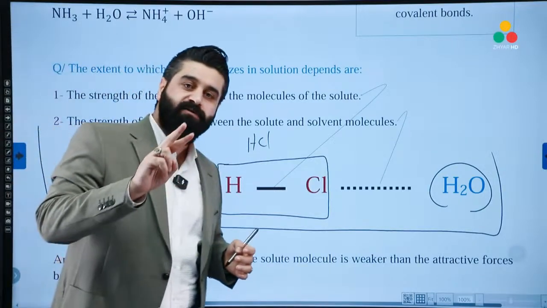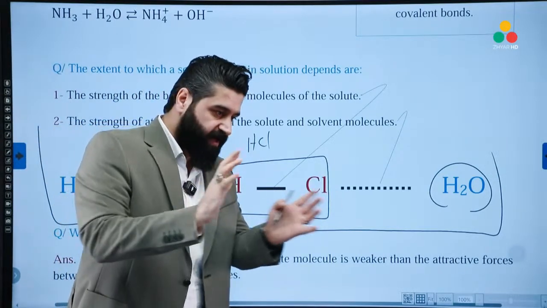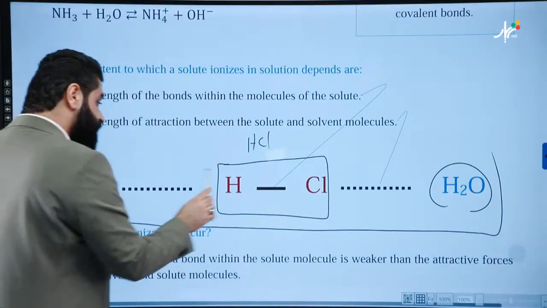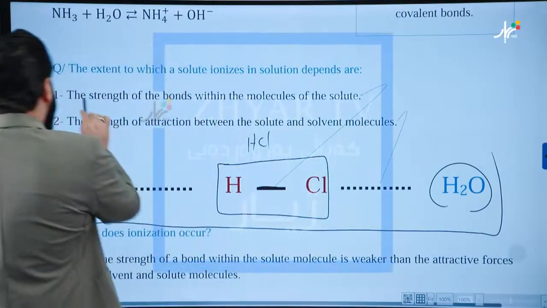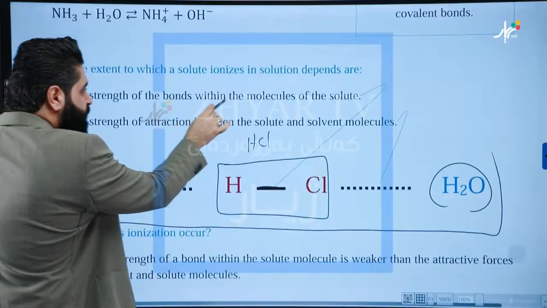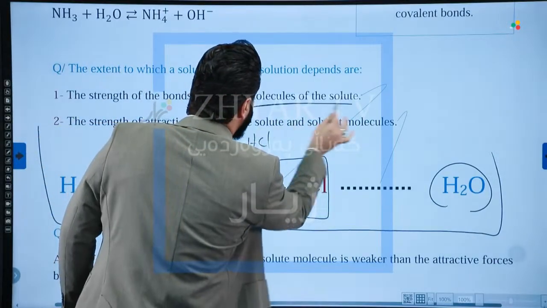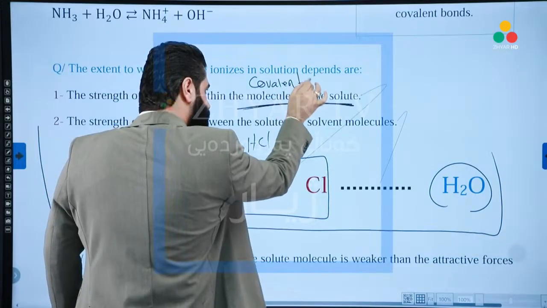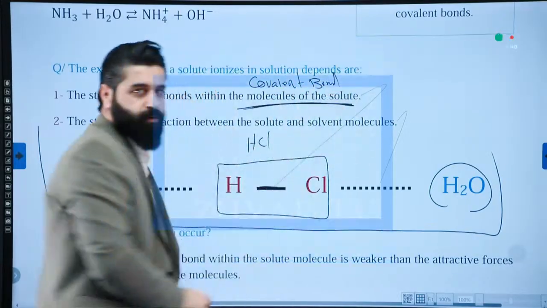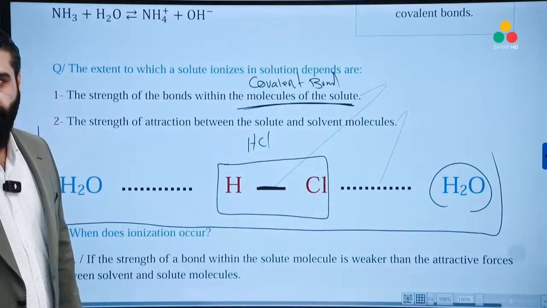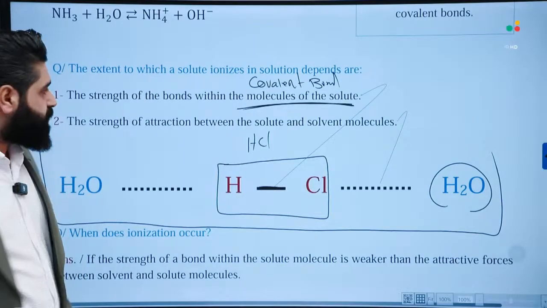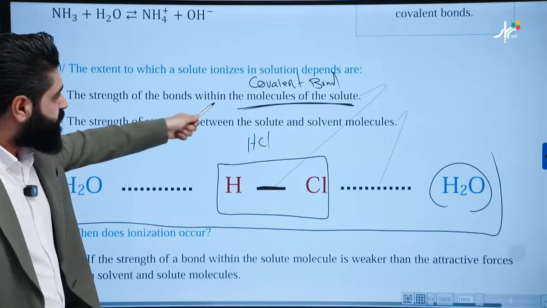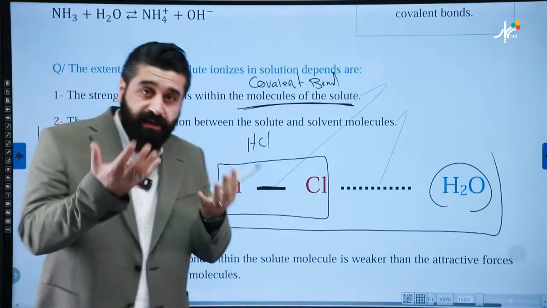Now, there are two different forces that compete with each other. The first force is the covalent bond. Look, the strength of the bond within the molecule, also called covalent bond.